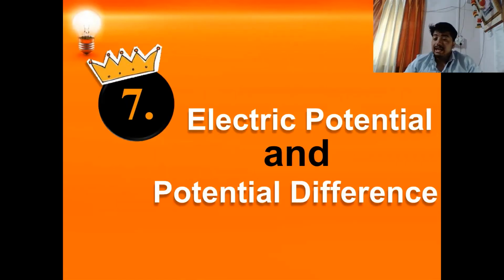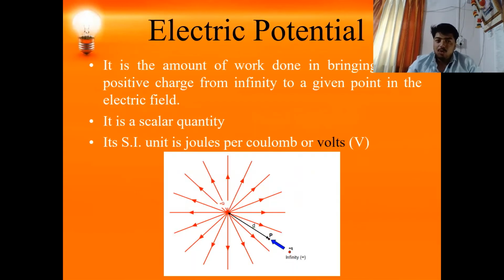Now let's study electric potential or potential difference, which we also call voltage. It is the amount of work done in bringing a unit positive charge from infinity to a given point in an electric field. Let's consider this as a unit positive charge, and this is a positively charged conductor placed in the 3D surrounding.